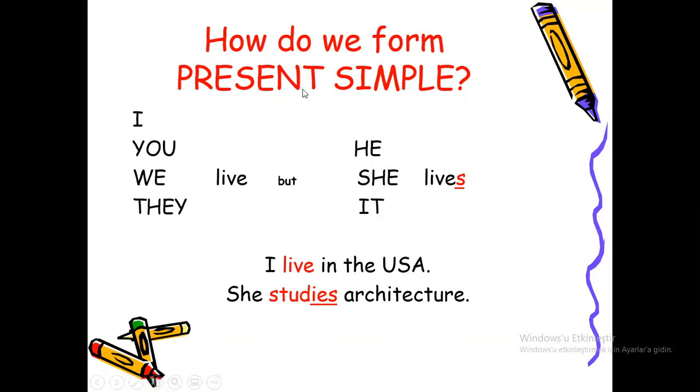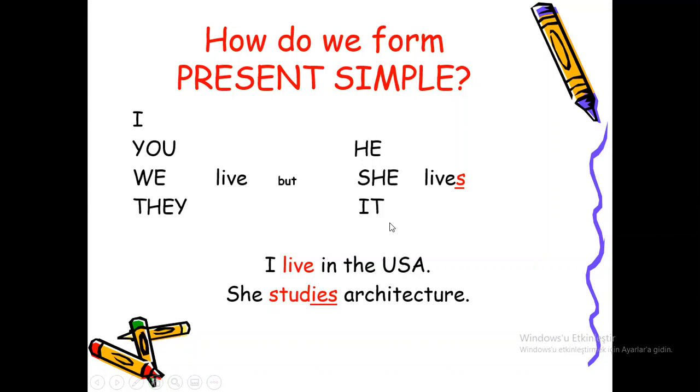Then, how do we form present simple? If our subjects are I, you, we, or they, we use verb 1, the basic form of the verb, just live.